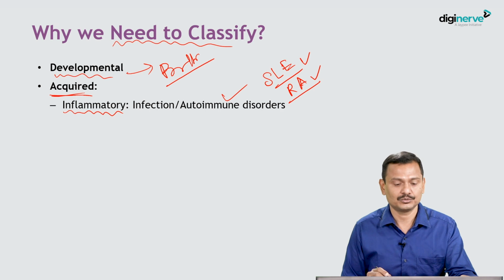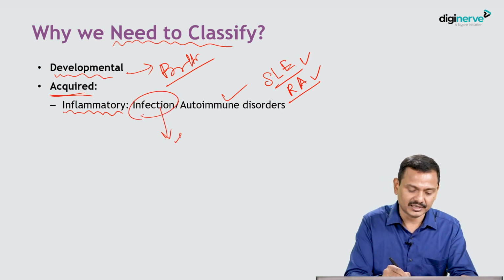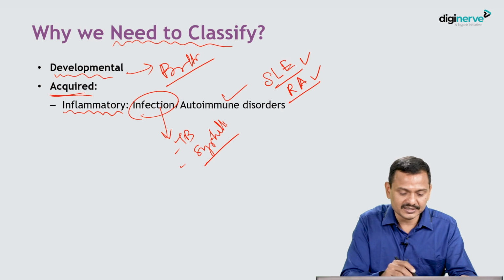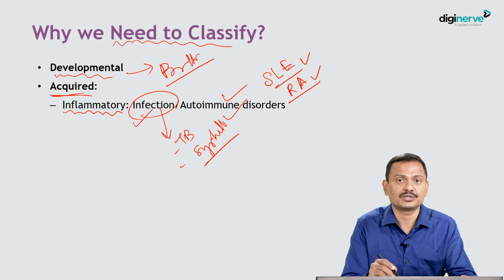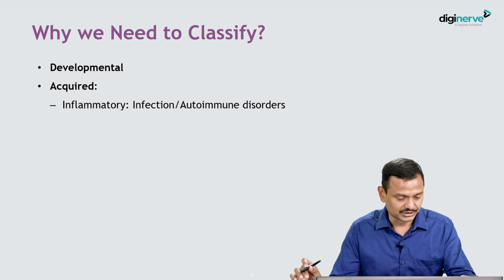When we talk about infections, you can have tuberculosis, you can have syphilis, and all these infections as well as autoimmune disorders are categorized under inflammatory pathology.